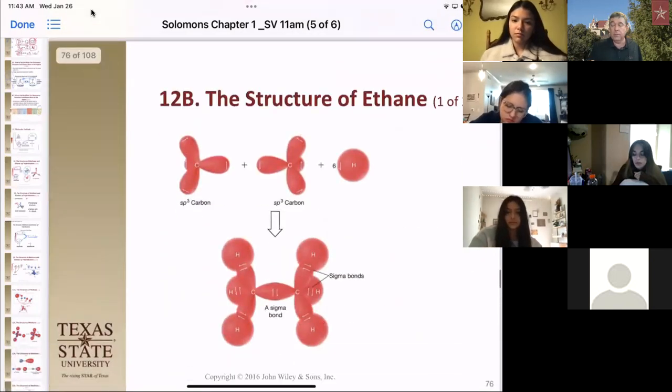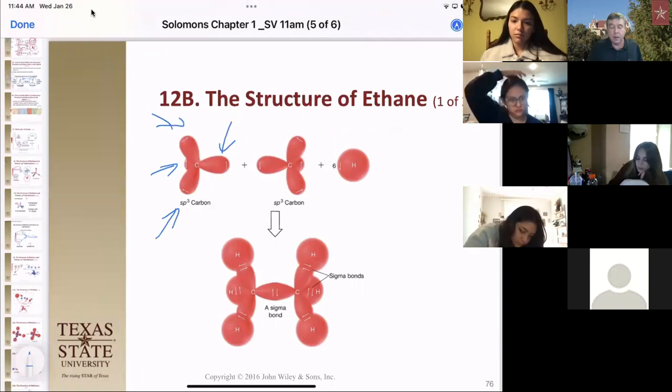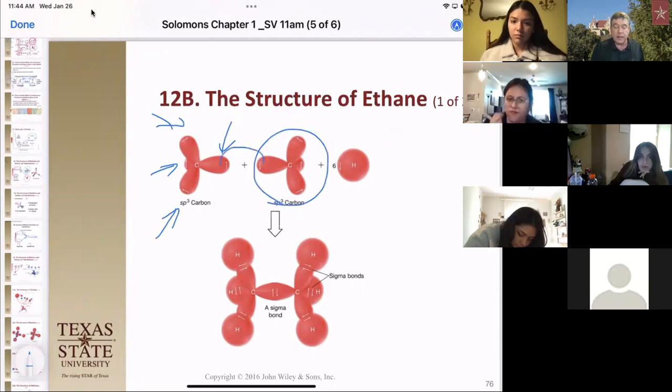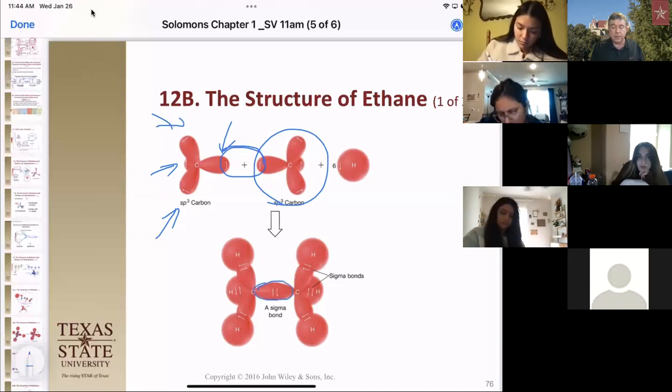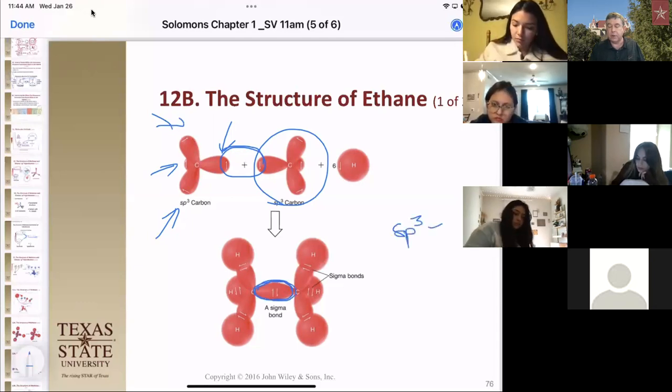Here we have 4 sp3 hybridized orbitals and no hydrogens yet, and another carbon with 4 sp3 orbitals. We can take 2 hybrid orbitals and make a sigma bond, a single bond between those 2 carbons. So this carbon-carbon bond is an sp3 hybridized orbital bonded to an sp3 hybridized orbital.